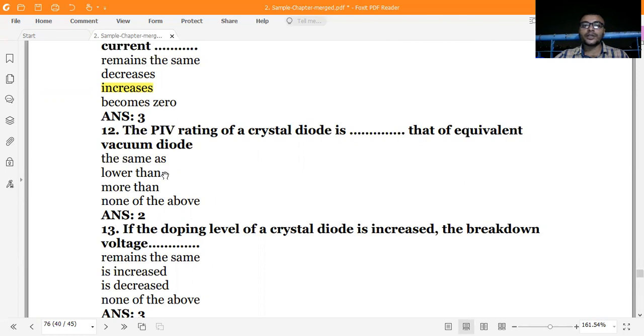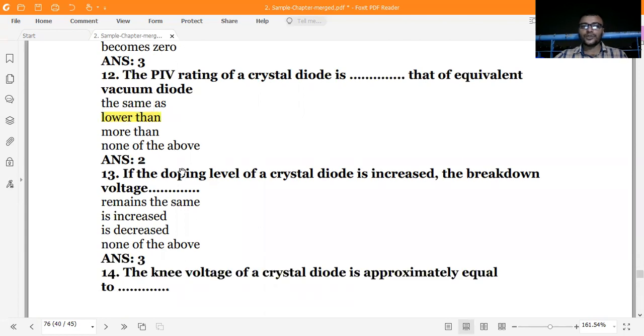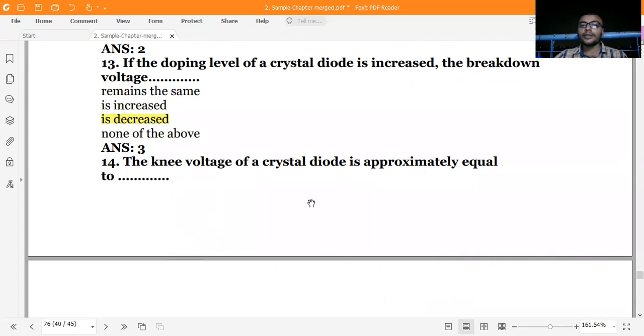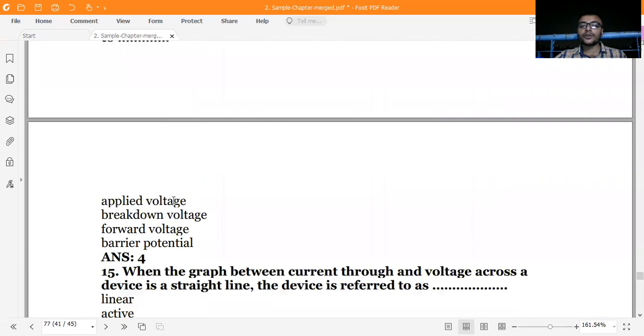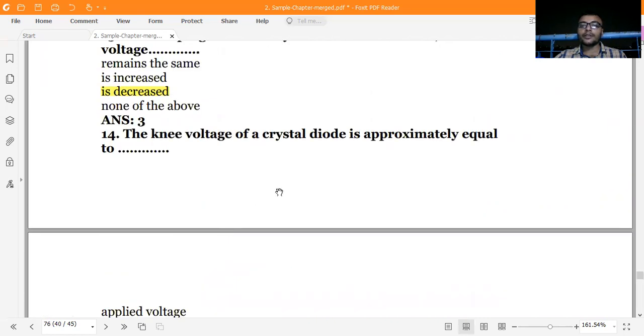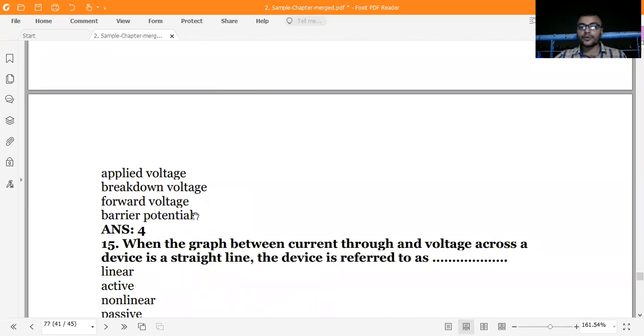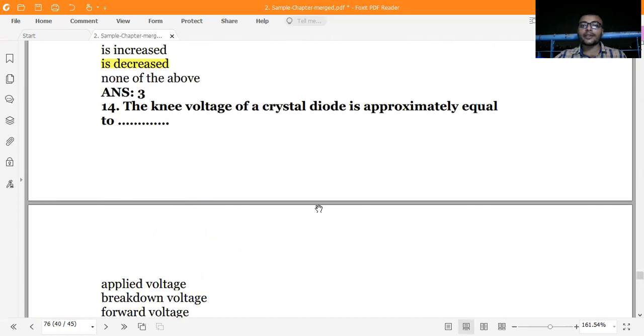If the doping level of the crystal diode increases, the breakdown voltage will decrease. The knee voltage of a crystal diode is approximately equal to the barrier potential, since both are the same.